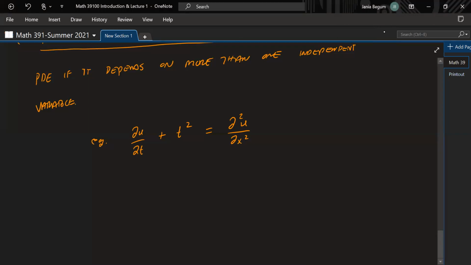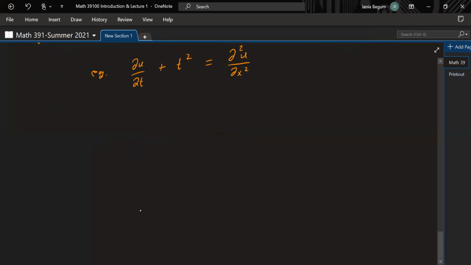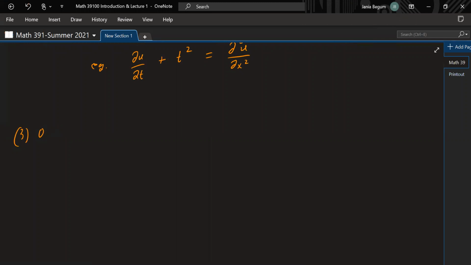Okay, so the next way we can classify a differential equation is by looking at its order, okay? So we have to define what is an order. What's the order of a differential equation? Well, an order is pretty much the highest derivative that appears.